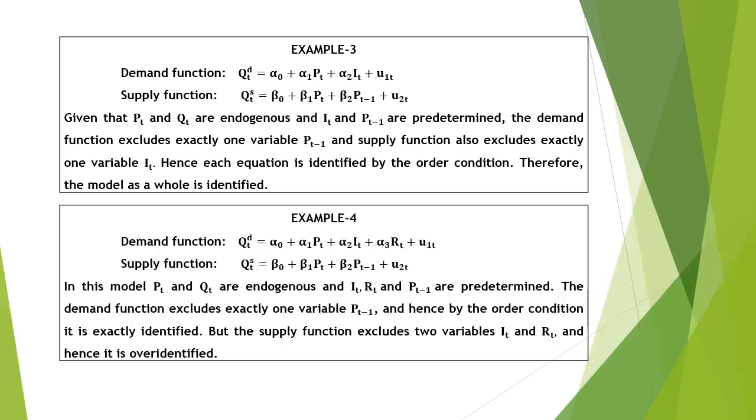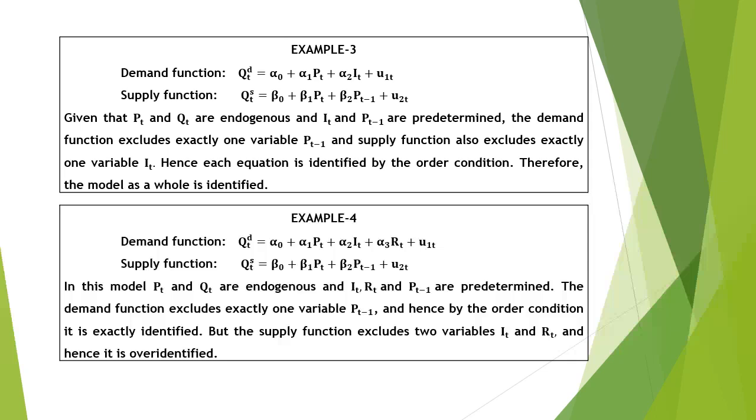Given that Pt and Qt are endogenous and It and Pt minus 1 are predetermined, the demand function excludes exactly one variable, that is Pt minus 1, and the supply function also excludes exactly one variable, that is It. Hence, each equation is identified by the order condition. Therefore, the model as a whole is identified.